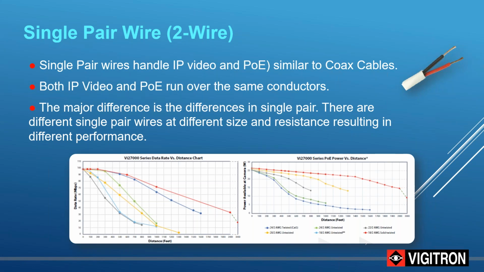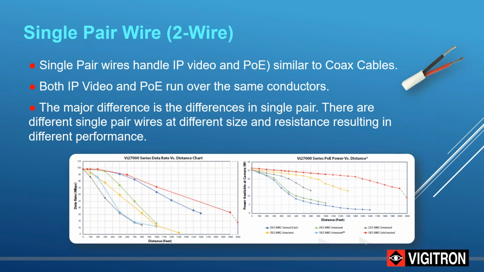Single pair wires can be used to handle IP video and PoE, similar to coax. Both of them run over the same conductors.